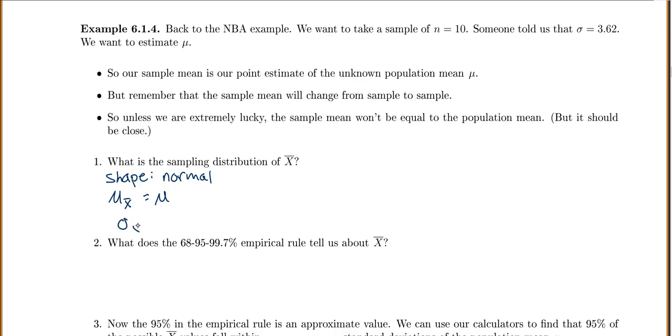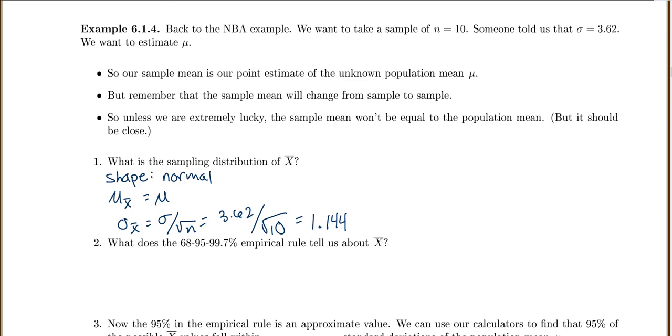Our standard deviation of x bar, though, is equal to sigma over square root of n, and we do know those. Sigma, they told us, is 3.62. Our n is 10, so this gives me 1.144.